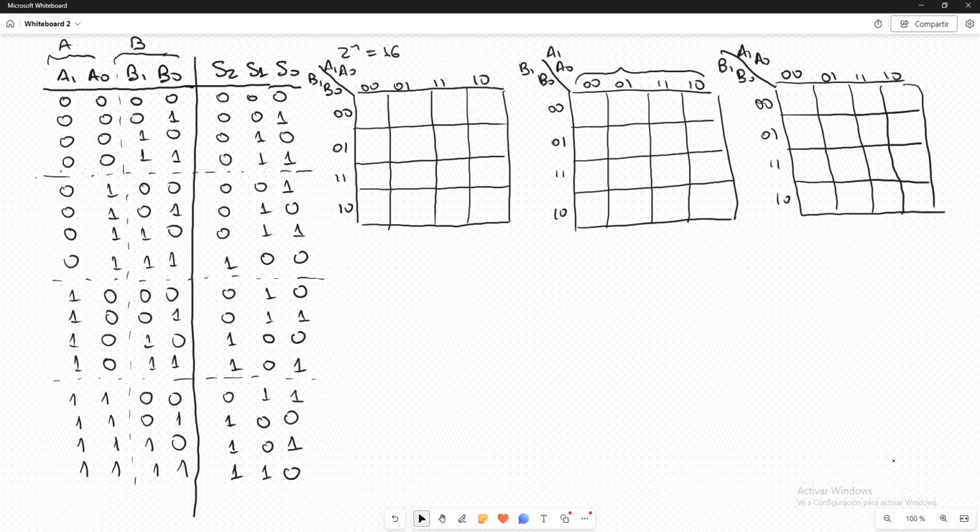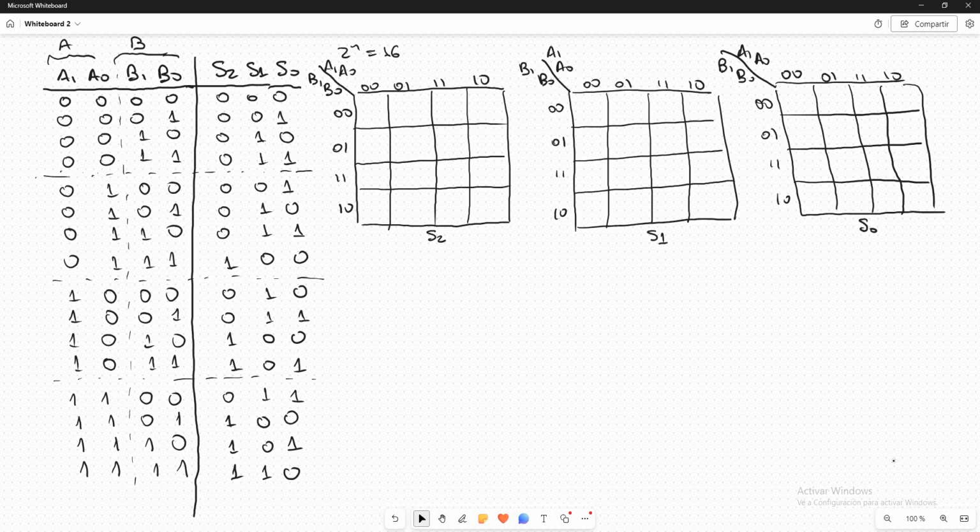Important as well. So we have 3 Karnaugh maps, and normally we specify at the bottom of the Karnaugh map the output that belongs to that map. So this is going to be the Karnaugh map of output S2, output S1, and output S0.